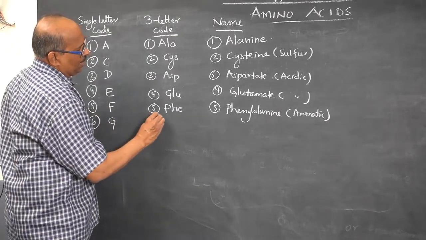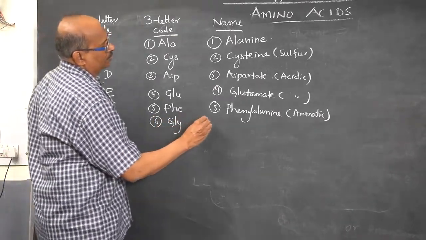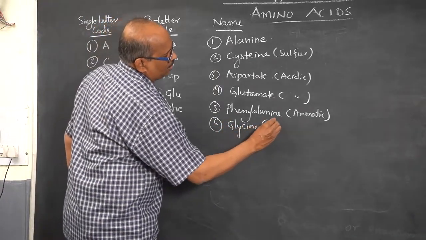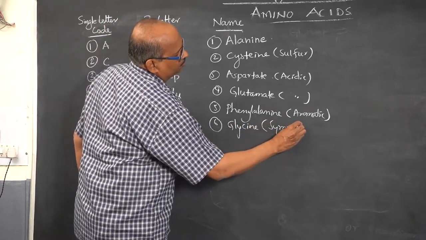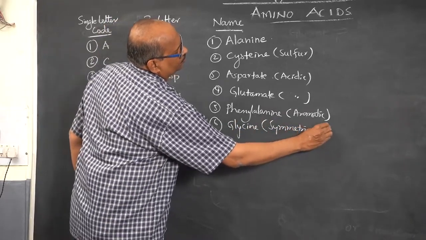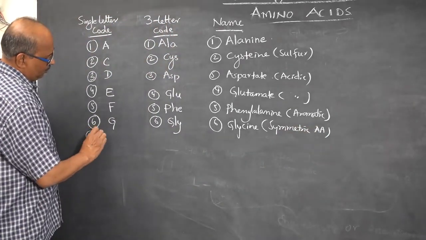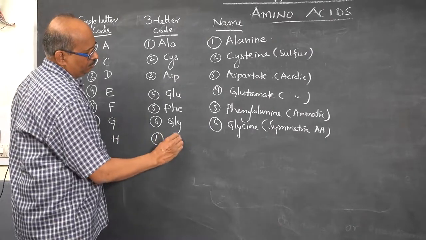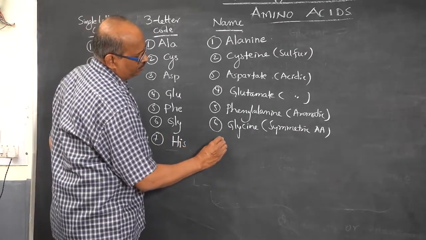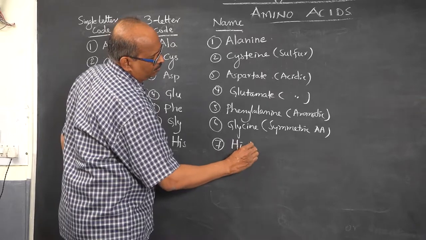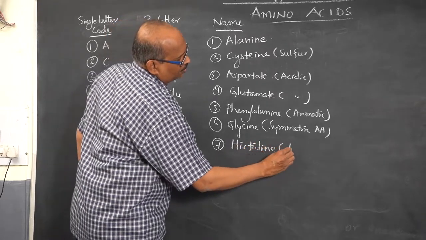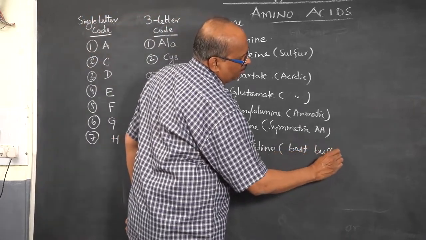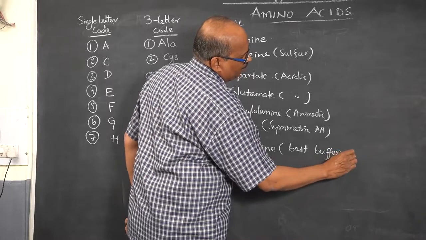Next one, the simplest amino acid. So this is symmetric amino acid. Next is weakly basic amino acid. So this is best buffering amino acid.